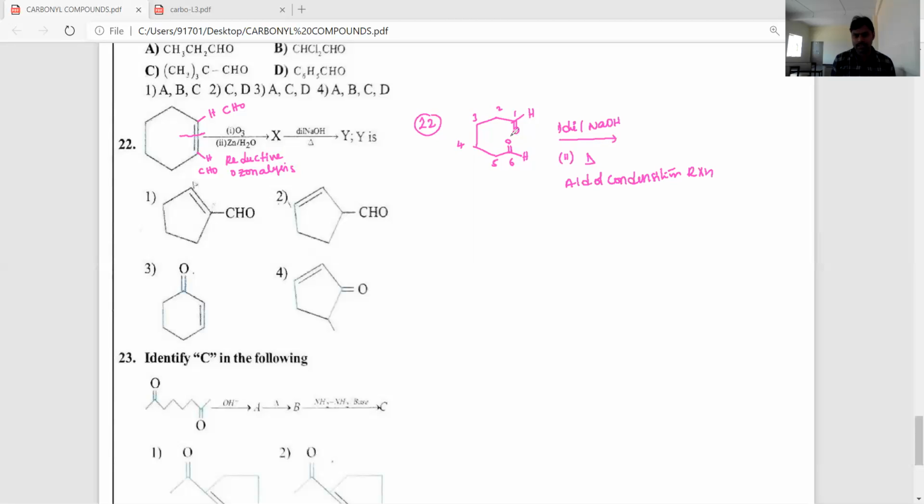See, for this reaction, this alpha carbon, any one of the C double bond O group, two CHO functional groups are at one molecule only. In that one molecule, both are aldehydes only. That's why this is the alpha carbon. These two alpha hydrogen atoms and this oxygen will lose a water molecule.